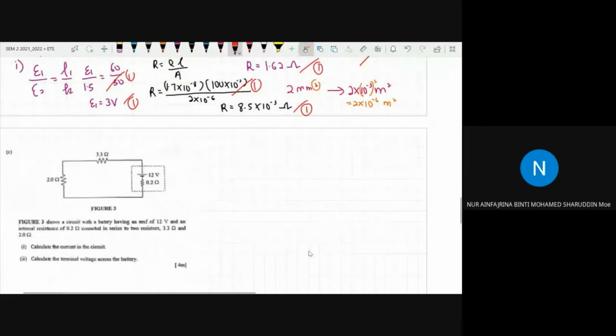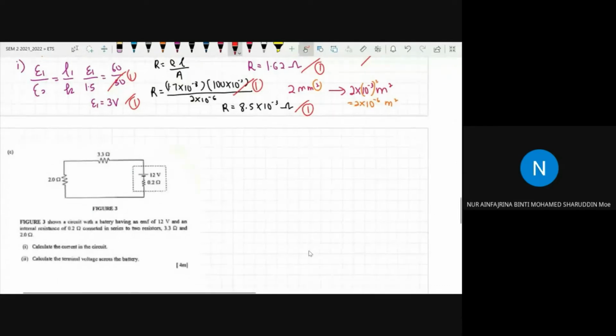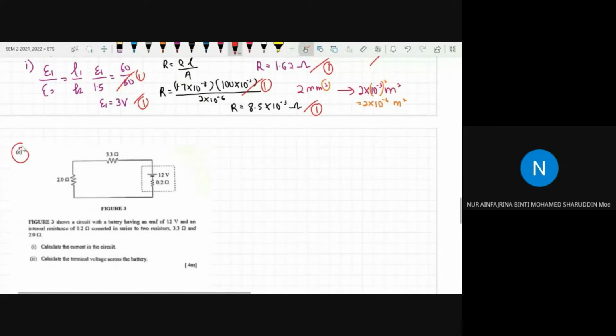Okay, very good. Once you guys are done, you may try with this question. Yang ini mesti tak bagi lama ya.